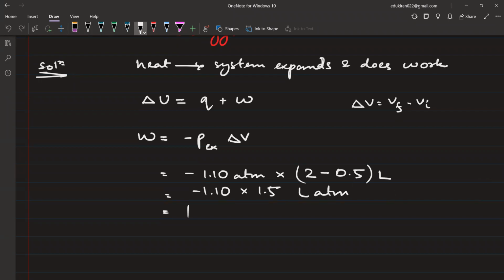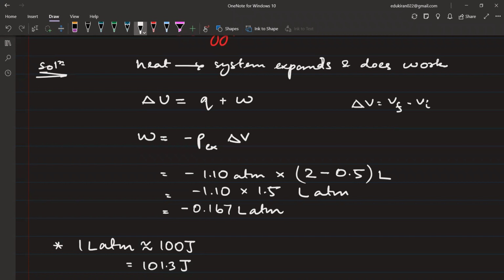Just a second. First of all, calculate this. 1.10 into 1.5 will be equal to 0.167, है ना? 0.167, that too minus liter ATM. Okay. And right here, 1 liter ATM is approximately equal to 100 joule, and it is exactly equal to 101.3 joules.